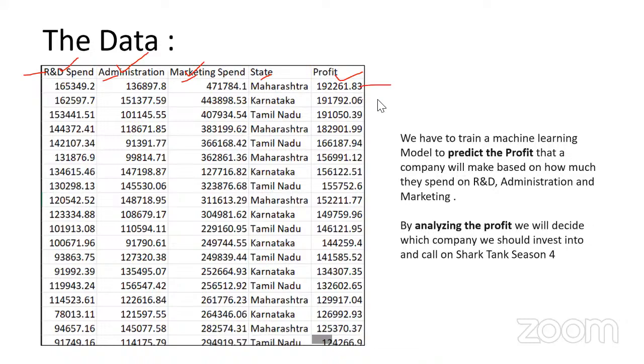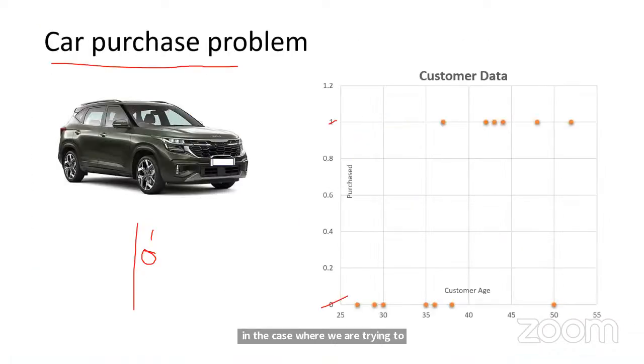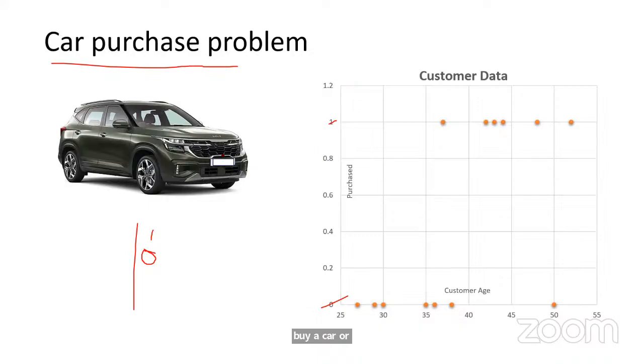We were predicting some value, right? But in the case where we are trying to determine whether the person will buy a car or not, this problem becomes a classification problem. We are classifying the data into yes or no, whether the person will buy a car, yes, or whether the person will not buy a car, which is no, right? So the customer data has only two values of output, which is 1 and 0. And according to the customer age, we can determine whether the person will buy a car.